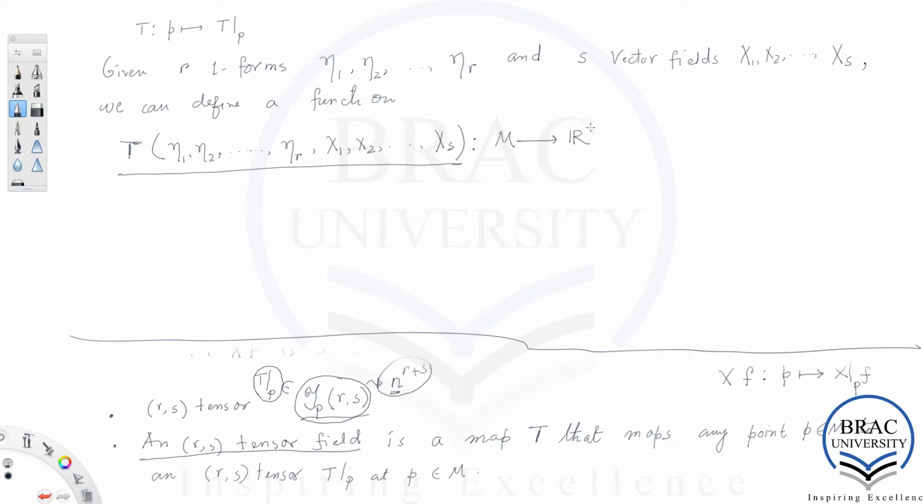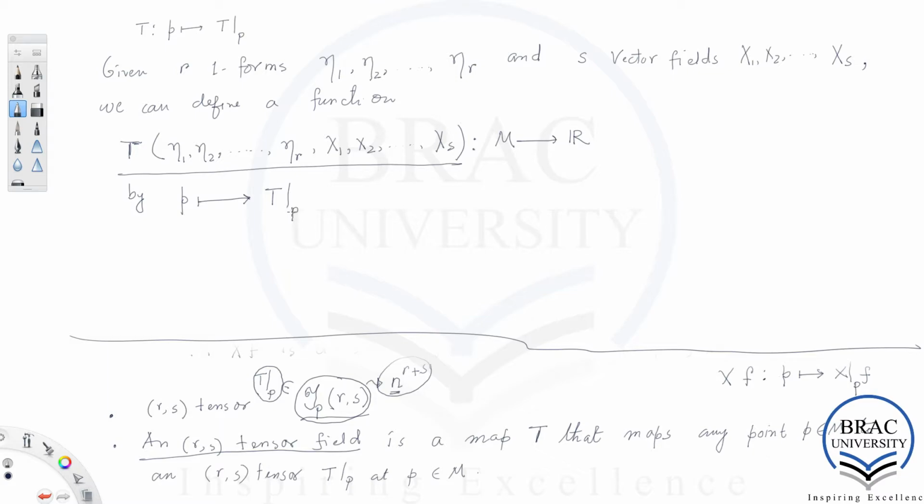How this is defined, let me show you. If I choose a point P on the manifold M, that is going to spit out a number in the following way.